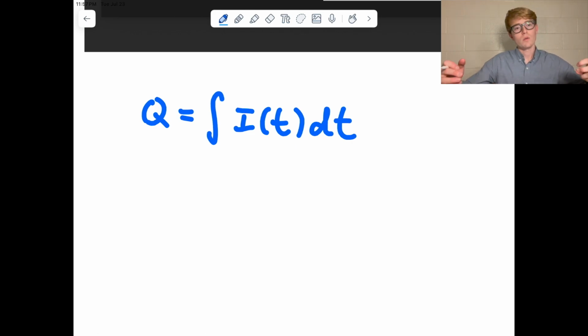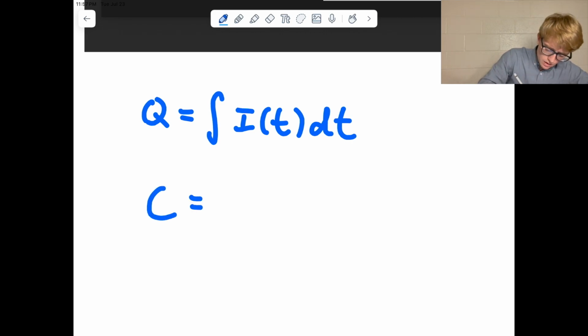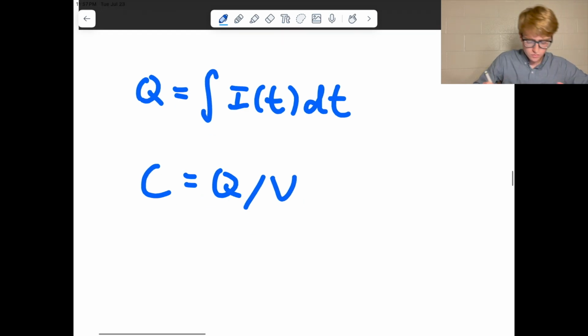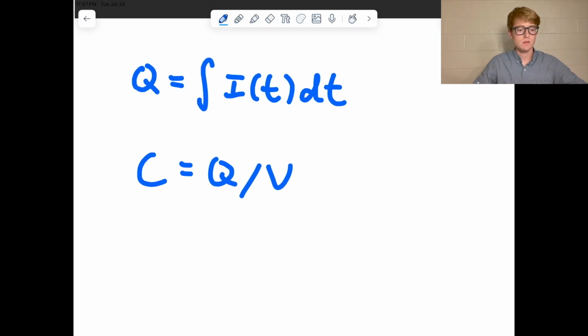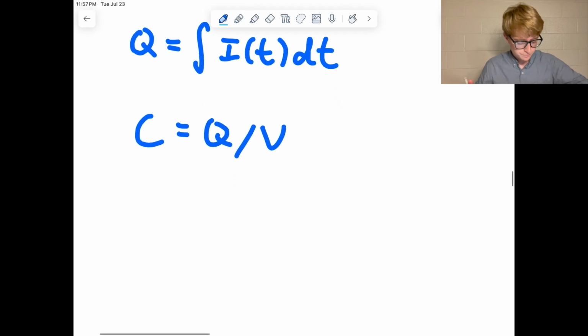For resistance, we had R in ohms. Capacitors will have some capacitance, and inductors will have an inductance. Capacitance is just some constant, C, and it is defined as charge, Q, over voltage, V. Now let's start deriving an equation.